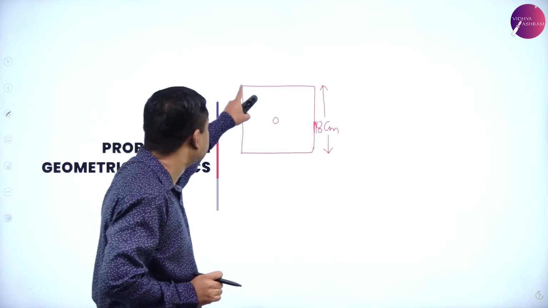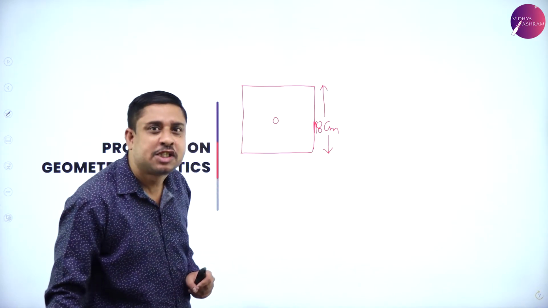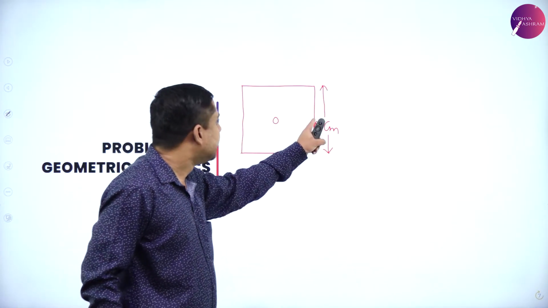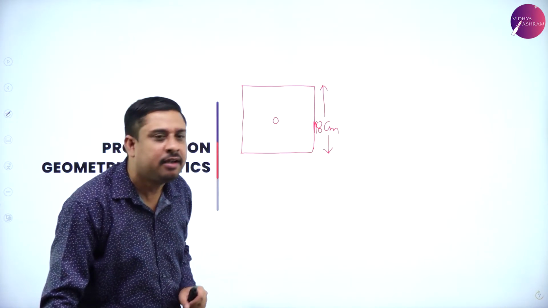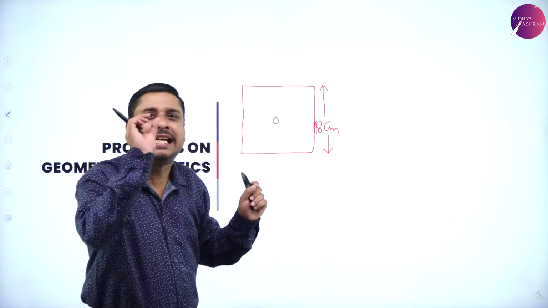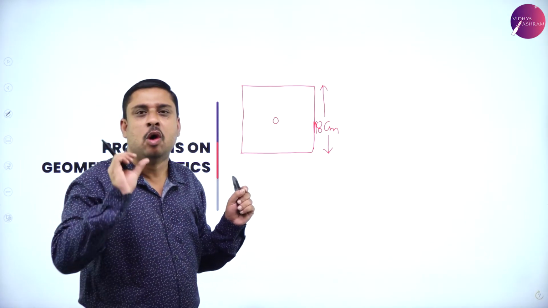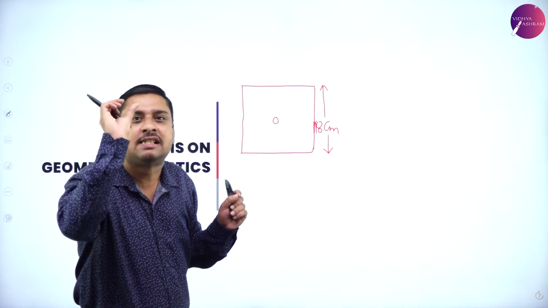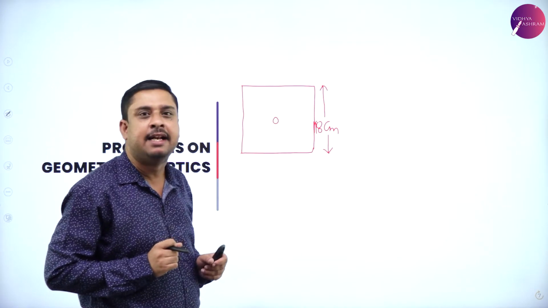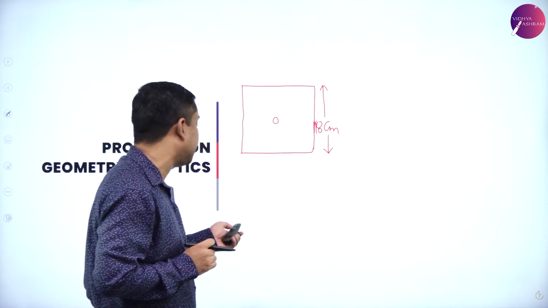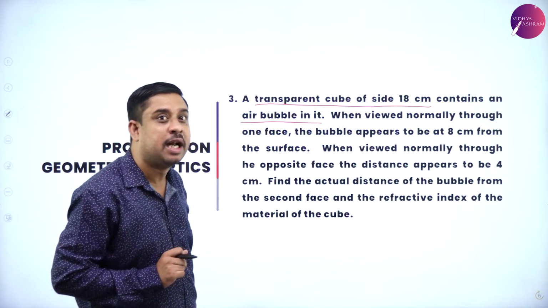So this is a transparent ice cube, side 18 centimeter. Inside this transparent cube, what I call an ice cube, there is an air bubble present. This is very important now.